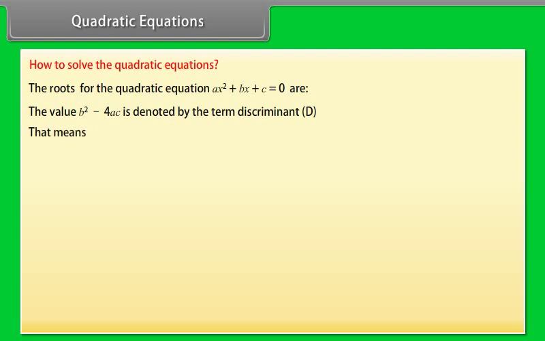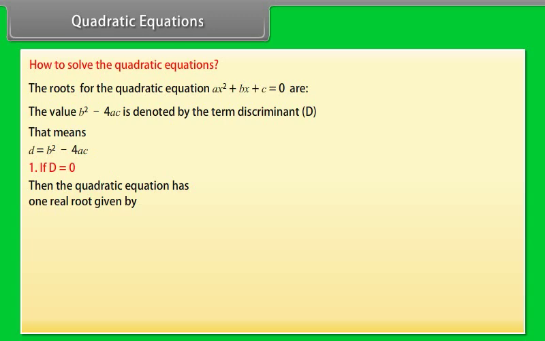That means d is equal to b square minus 4ac. 1. If d is equal to 0, then the quadratic equation has one real root given by x is equal to minus b by 2a.